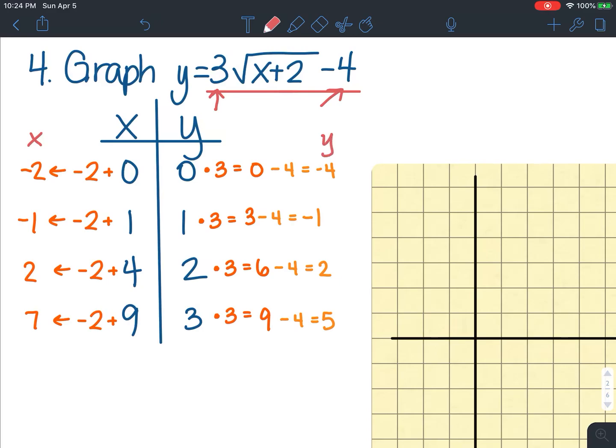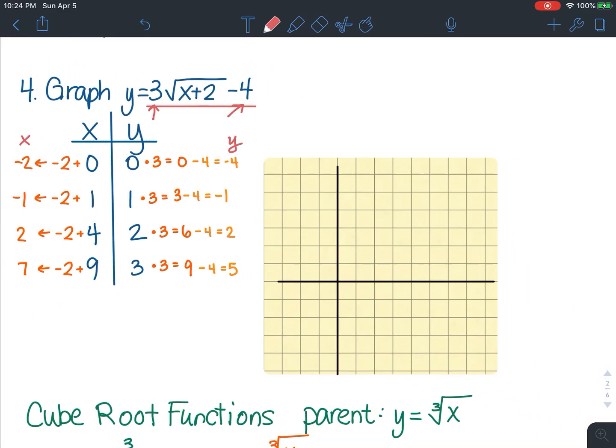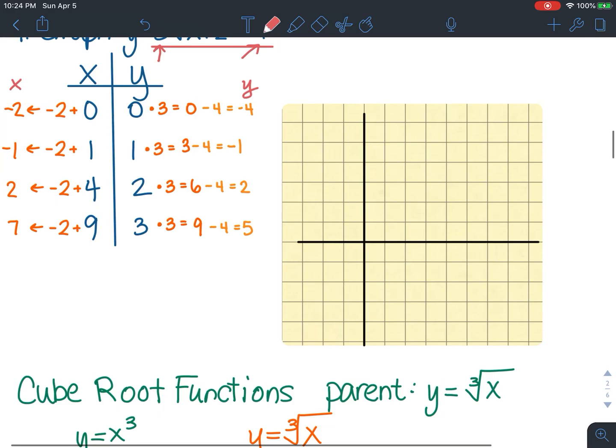And now these are my new x and y values. Okay, so left 2, down 4. Left 1, down 1. Right 2, up 2. And right 7, up 5.